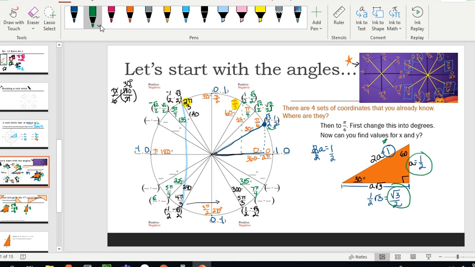Square root 2 over 2, square root 2 over 2, square root 2 over 2, square root 2 over 2. The only problem is I just made every single one of them positive. In this quadrant, both have to be negative. In this quadrant, the x is negative, the y is positive.